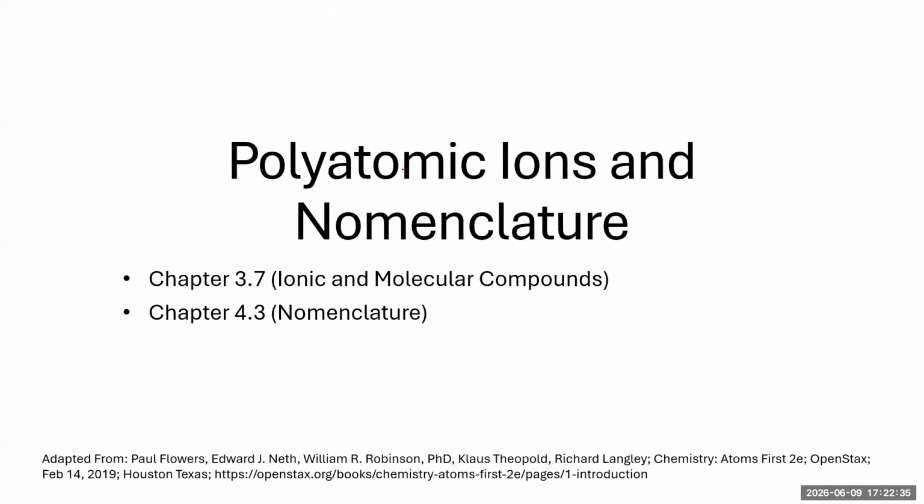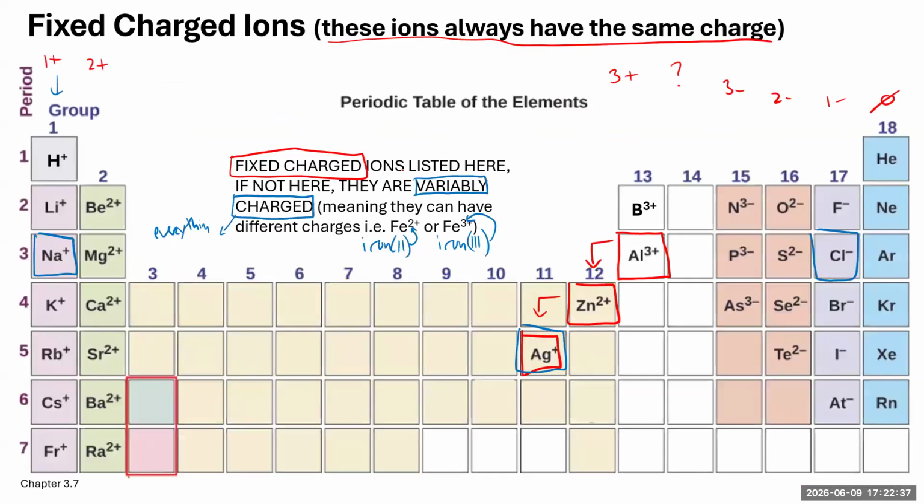And let's go up to our table. There's no Fe, so that means it's variably charged, meaning it can have more than one charge, or different charges, right?